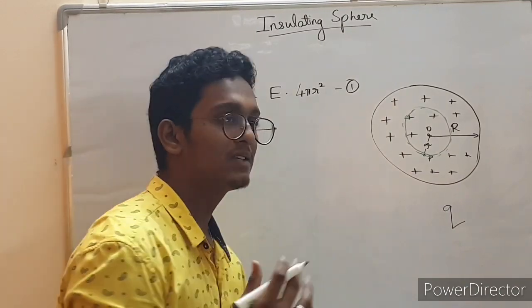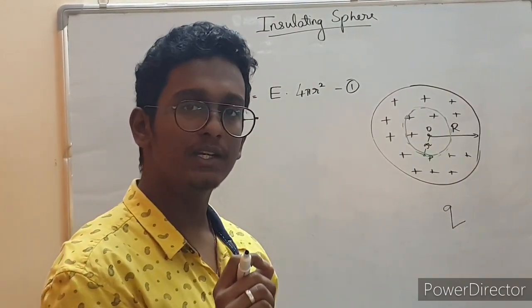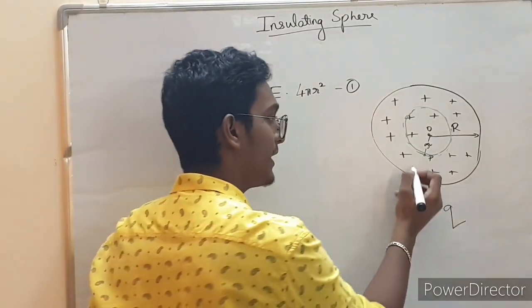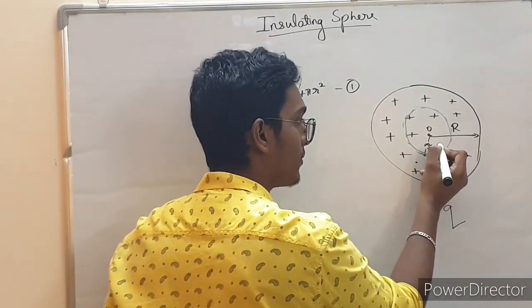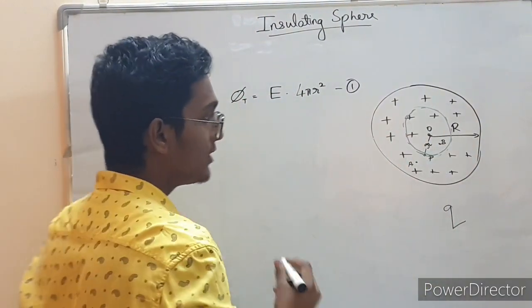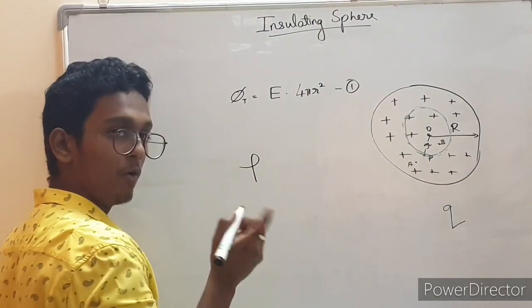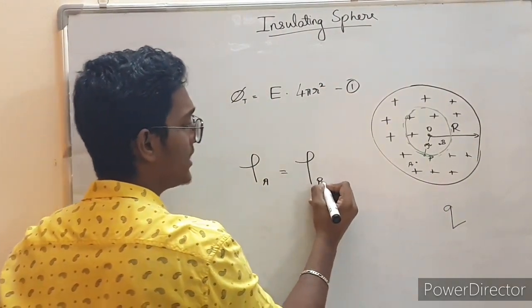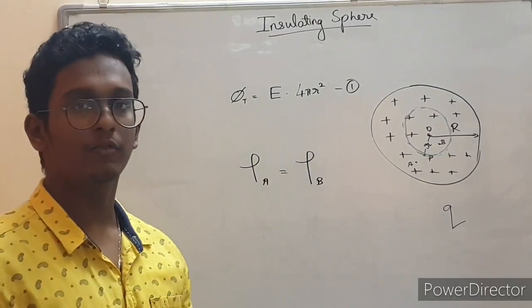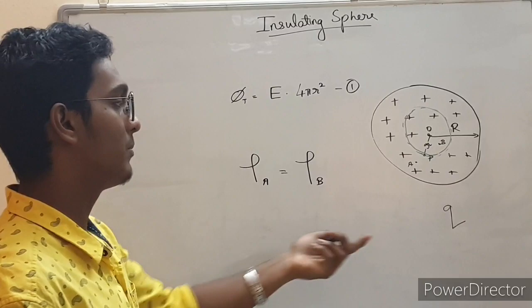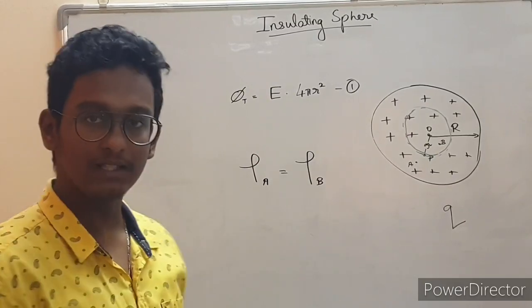The assumption you make is that the volumetric charge density is uniform about every point. So if you take a point over here, let's call this A, and a point over here, let's call this B, the volumetric charge density rho at point A equals the volumetric charge density at point B. This is the meaning of it. It's uniform about every point. So now we just want to find the volumetric charge density inside the sphere.